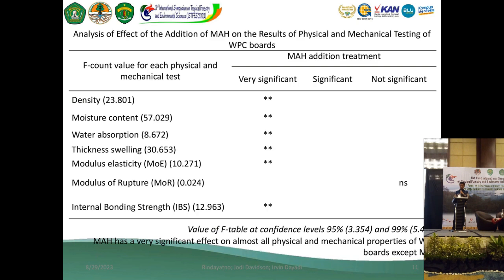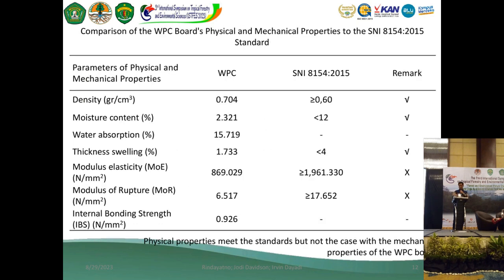The explanation is the ability of MA as a coupling agent, especially attaching to the surface of wood particles on one side and binding polypropylene and polyethylene plastic on the other, demonstrating that MA is extremely successful in altering physical and mechanical properties in this situation. The last analysis, next.